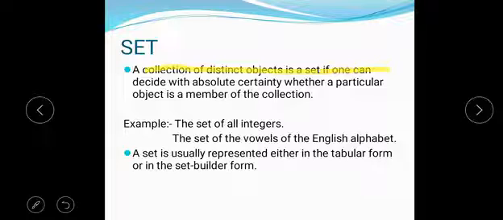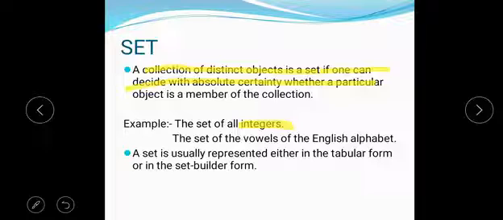If one can decide with absolute certainty whether a particular object is a member of the collection, that collection is called a set. Example: the set of all integers. We are defining here an integer, and all the integers combined make a collection called a set.